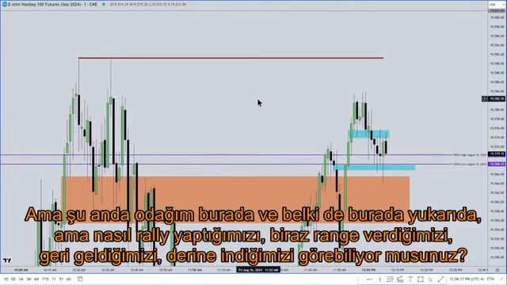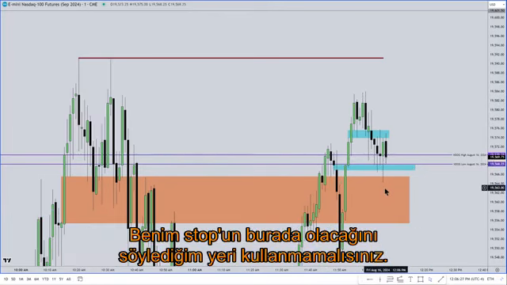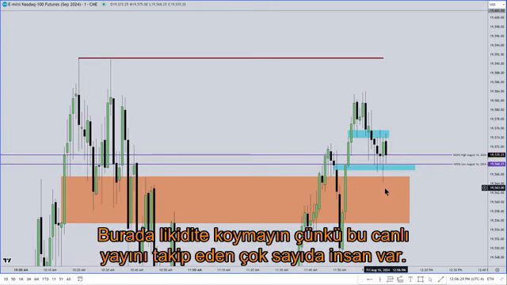But you can see how we rallied, gave a little bit of range, came back, dug in deep. Now, I know some of you are actually taking these trades, and you should not be doing it. You should not be using where I said this is where the stop would be. Don't put your liquidity there because there are so many people following this live stream.